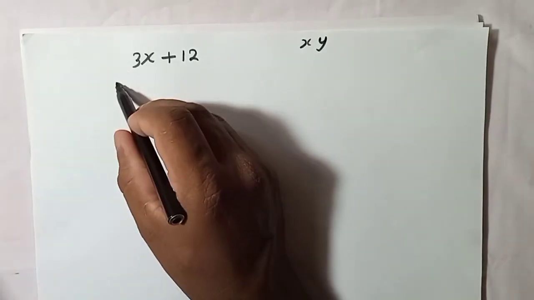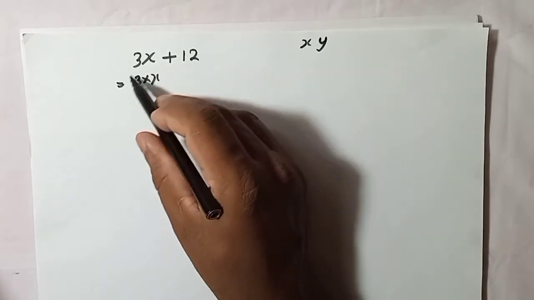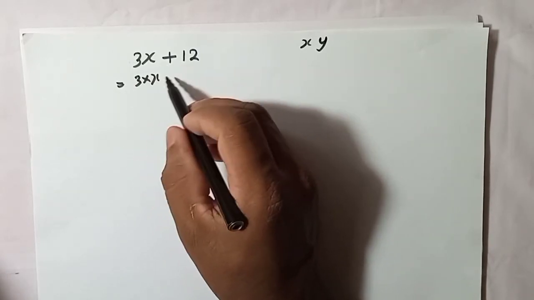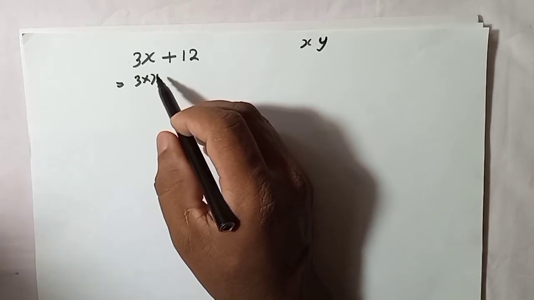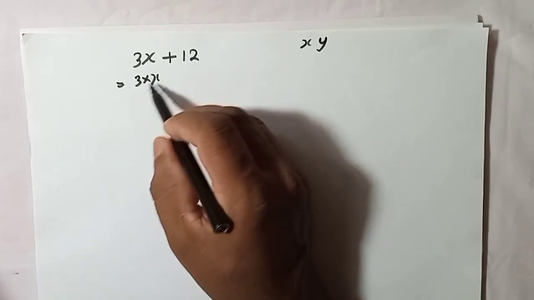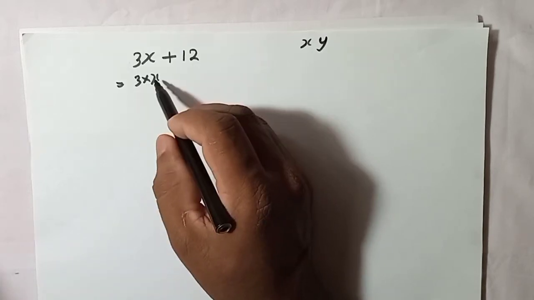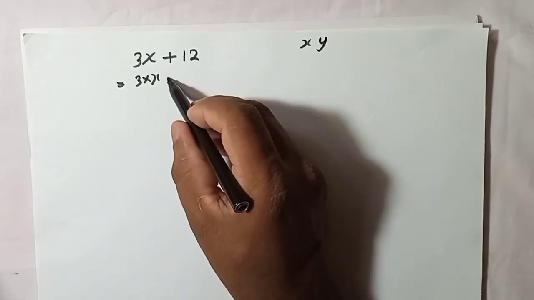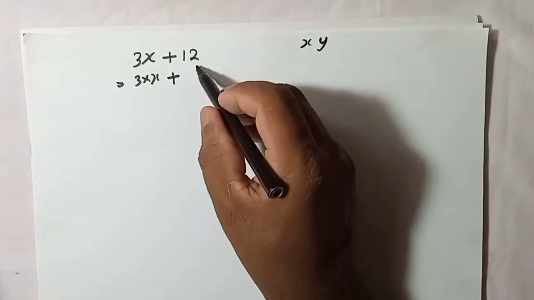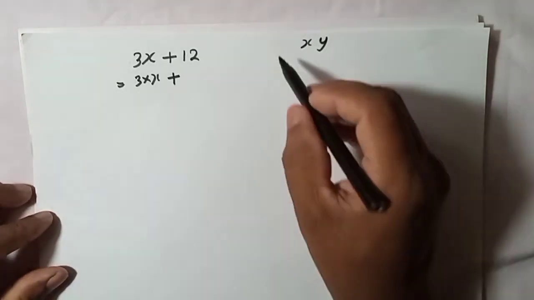Here we can think 3 into x. You don't need to write this step on paper, but I need to explain the very basic way, so that's why I write it here. In your mind you must have this working. Now 12 I can write in different ways.